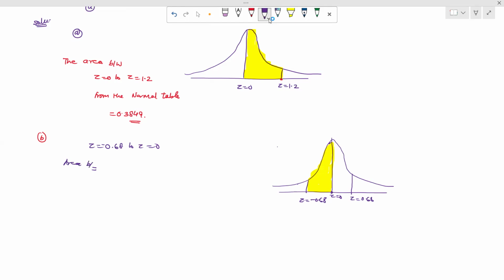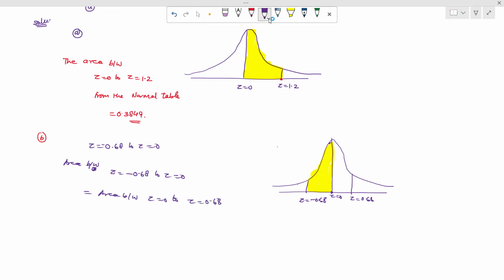So we can write down the area between z is equal to minus 0.68 to z equal to 0 is equal to the area between z equal to 0 to z equal to 0.68.